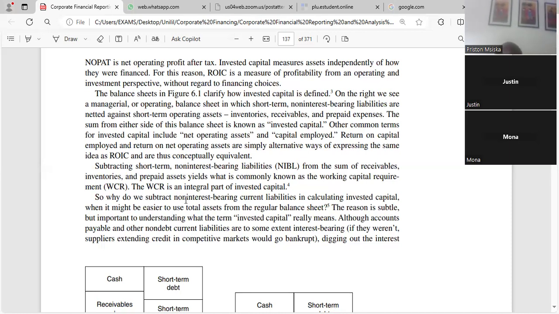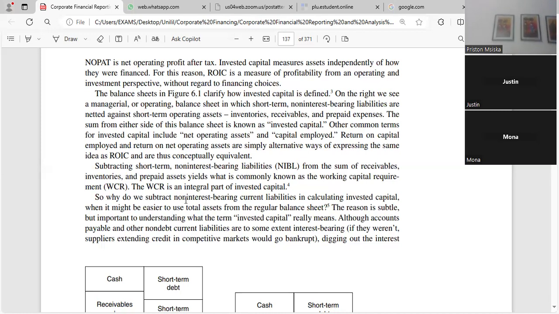For company B, you take 100 divided by 500. That gives you 0.2, right? Yes. So company A has a financial ratio of 0.5. Company B has a financial ratio of 0.2.